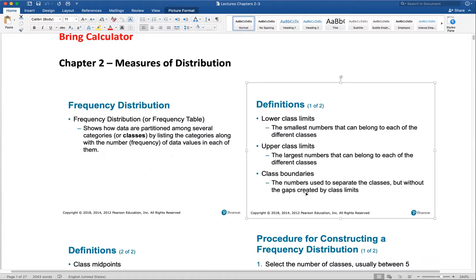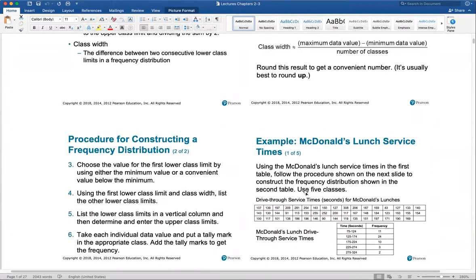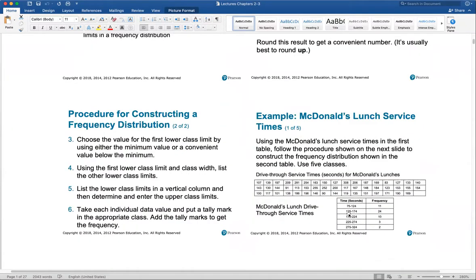So normally the class boundary in this case is the middle number between the upper class limit and the lower class limit in the next class. For example, 124 and then 125.